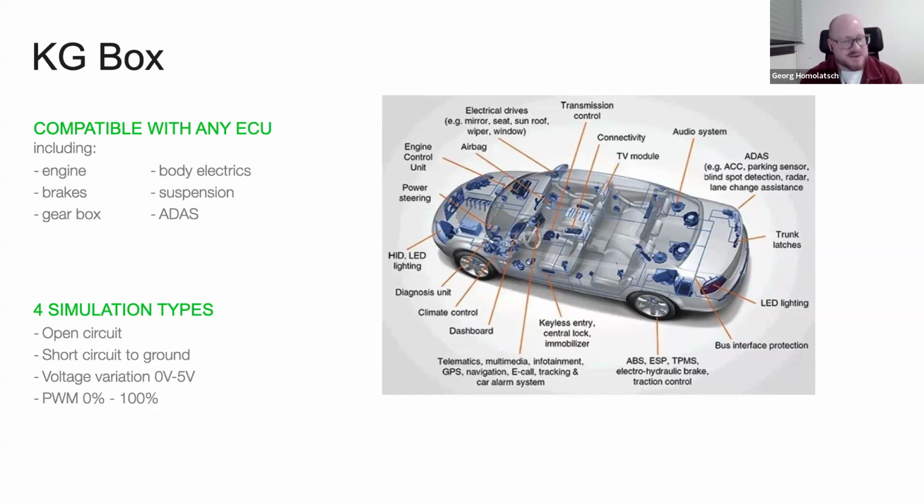So here the student needs to understand, okay, what is the correct value from the manufacturer and what do I see on my multimeter, right? And the same then also for PWM. Here you can work on actuators and manipulate the duty cycle of the actuator, and therefore manipulate the behavior of the vehicle and also create different fault codes.